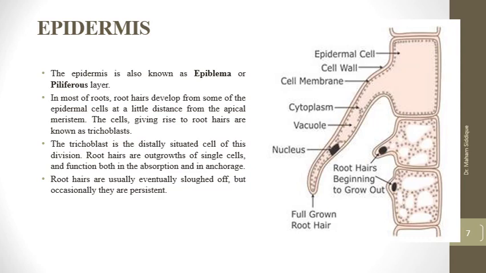Electron microscopy reveals that the wall of root hairs is a continuation of only the inner component of the walls of the epidermal cells which give rise to it. In some species, root hairs are formed from special cells which are distinct in size and metabolism from the neighboring epidermal cells. These cells are known as trichoblasts.